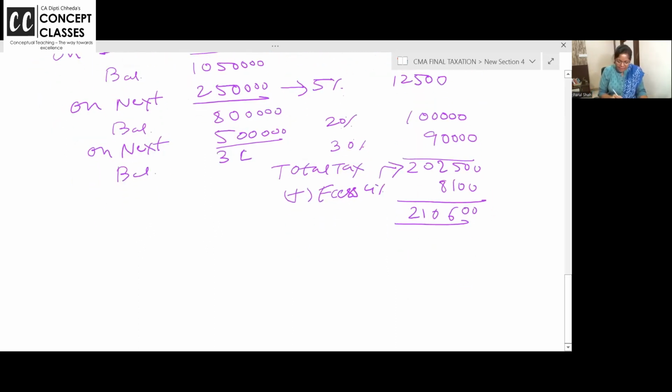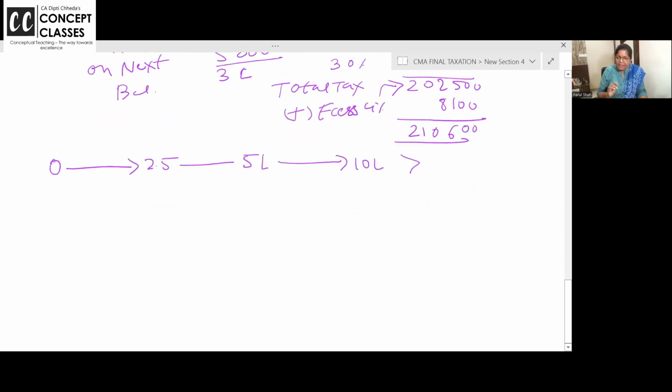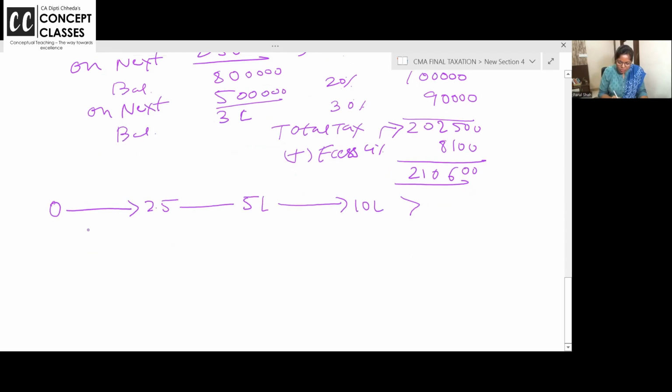And I'm putting it in a different way for your understanding. 0 to 2.5, 2.5 to 5 lakh, 5 lakh to 10 lakh, and 10 lakh above. This is a logic. Now see how I am writing this. 0 to 2.5 lakh, the rate is nil. So the tax is how much?